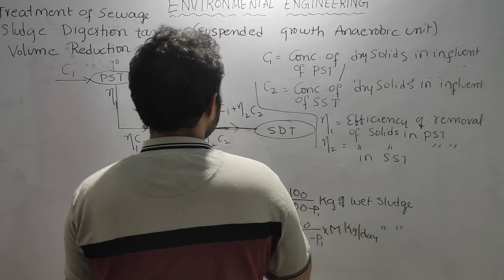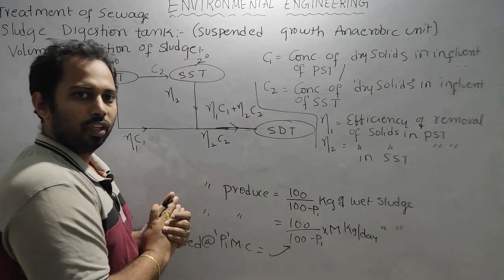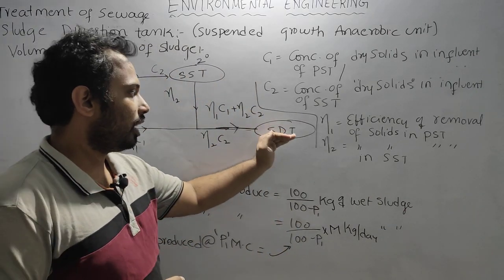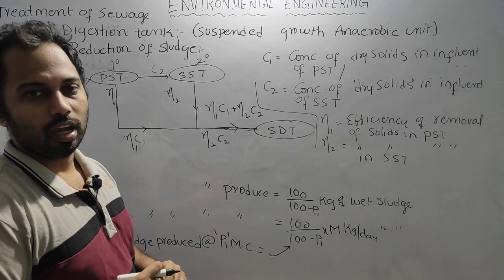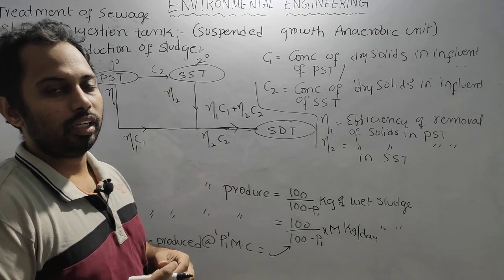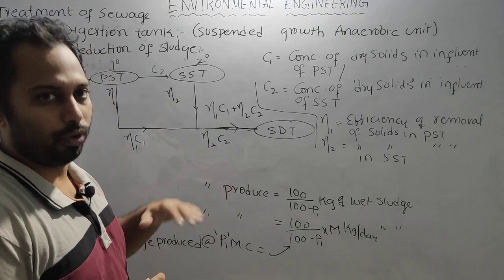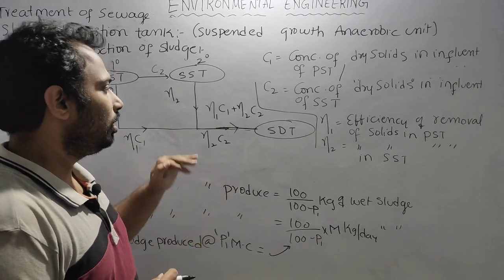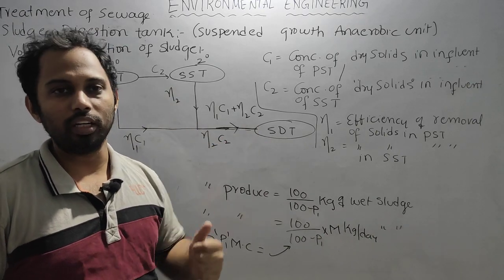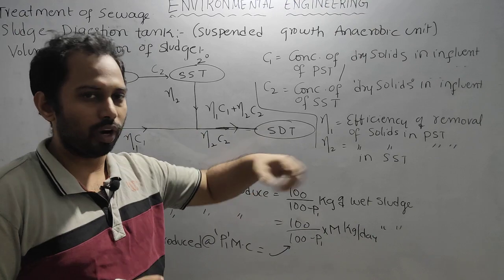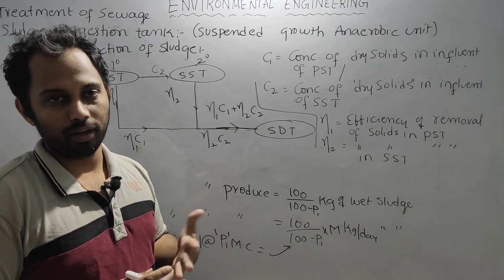Now, whatever solids are entering into the sludge digestion tank, after the sludge digestion, digested sludge is produced. Here, sludge is not removed; actually sludge is digested, so destructed.